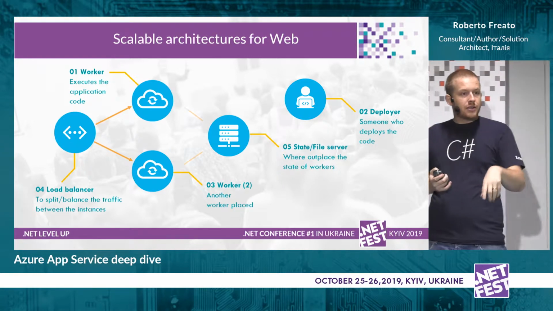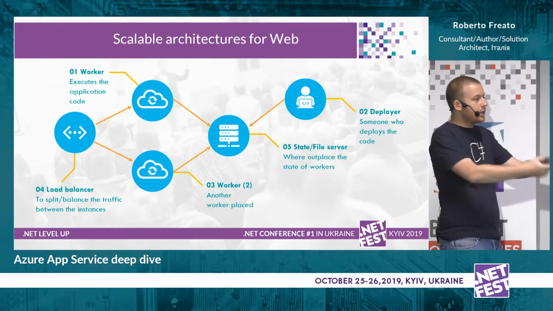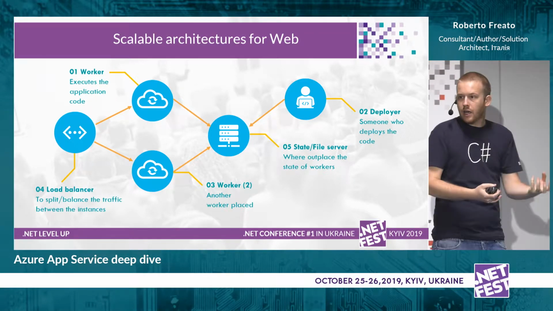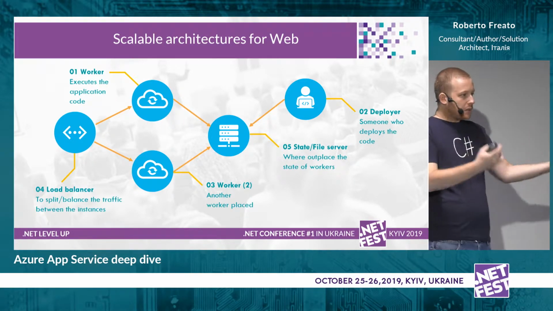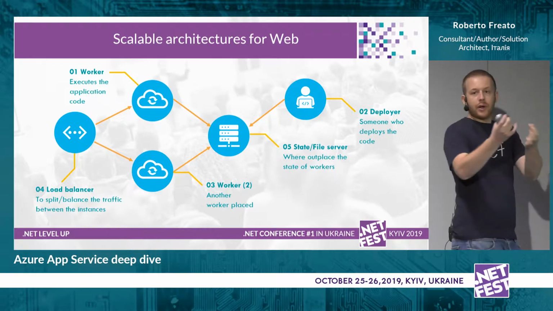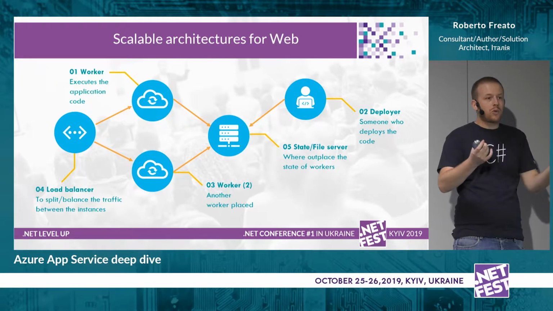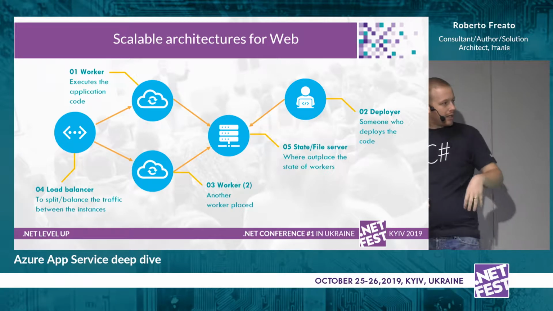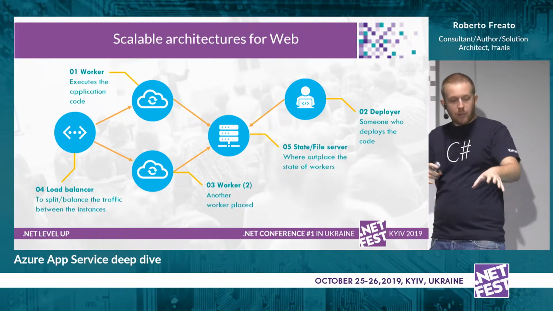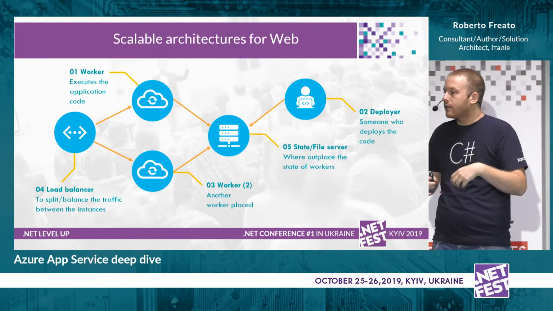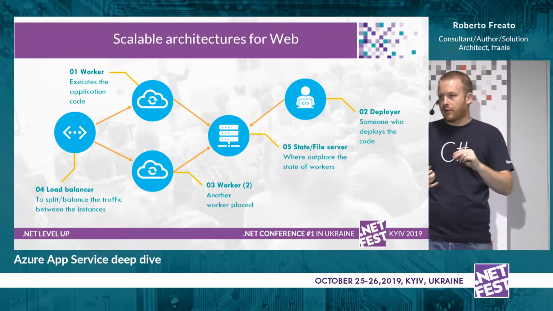Then the deployer should deploy to the state server, and the workers are just poor, stupid workers with some pointers, some configuration, but actually no code, nothing inside them. This is the arrival point that we need to implement when we want a scalable infrastructure.